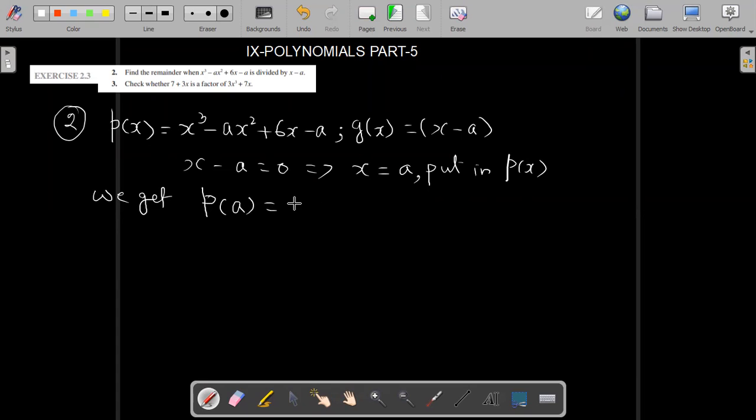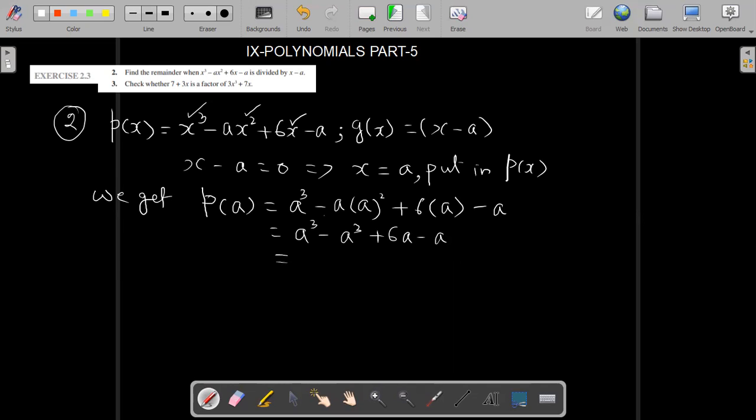p(a) is equal to x cube, x is replaced by a, so a cube, minus a into x square, means a square, plus 6 into x, means a, minus a. Okay. So it will become a cube minus a cube plus 6a minus a.